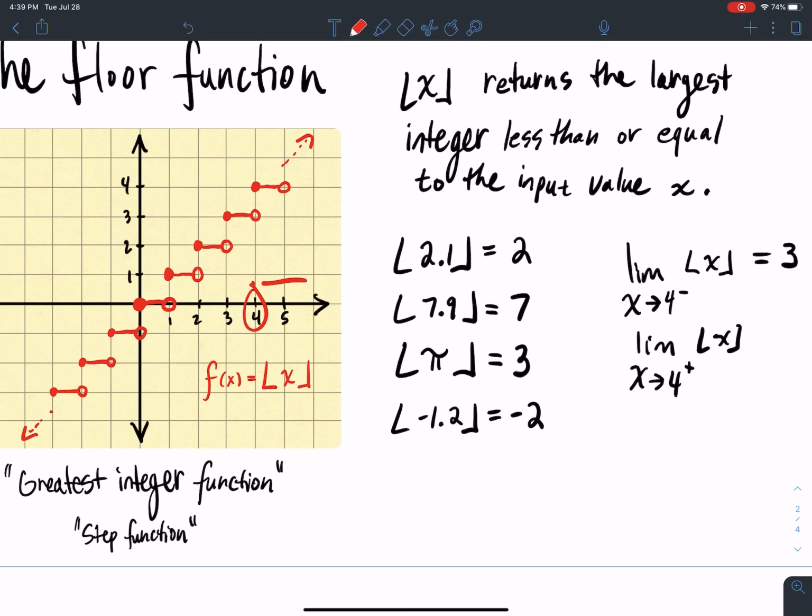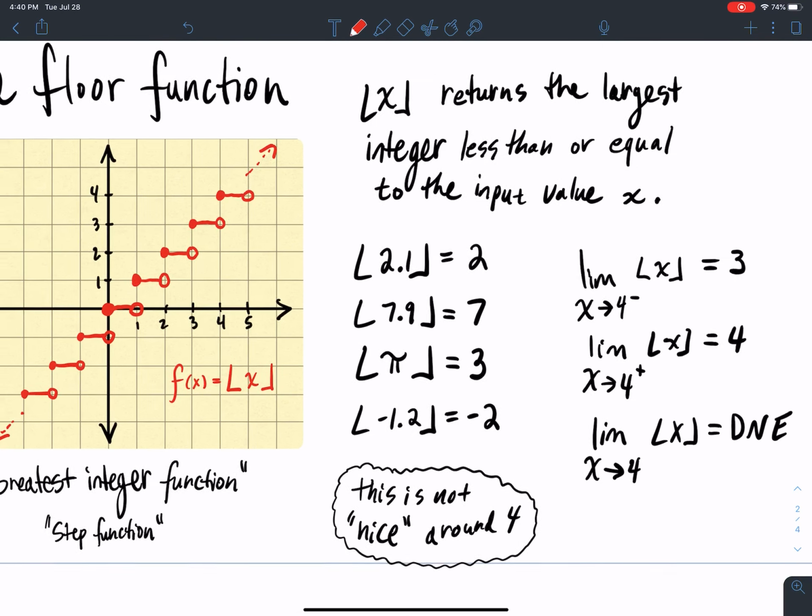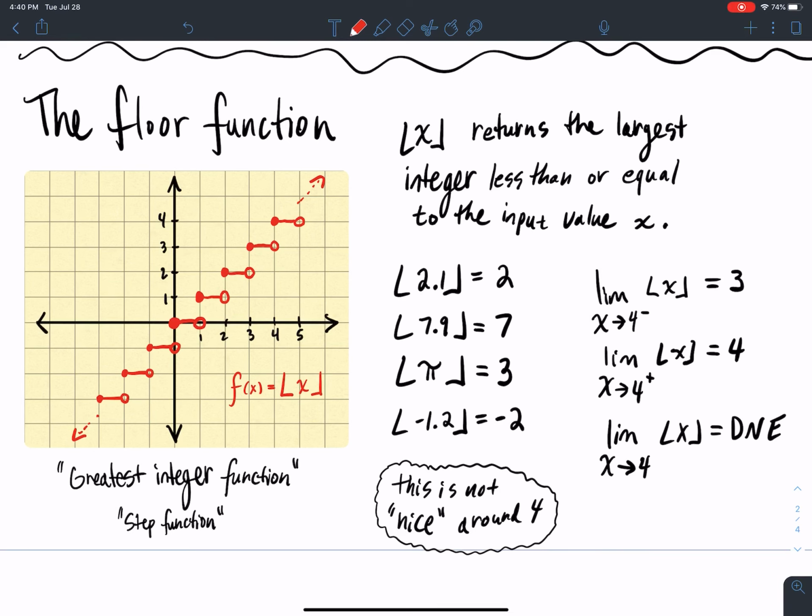Coming in from the right, we're at 4, so that limit is 4. What does that tell me? If the left-hand limit is 3 and the right-hand limit is 4, then the limit as x goes to 4 does not exist. This thing is really not behaving nicely around 4.